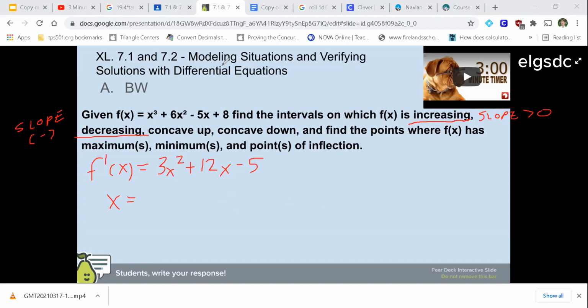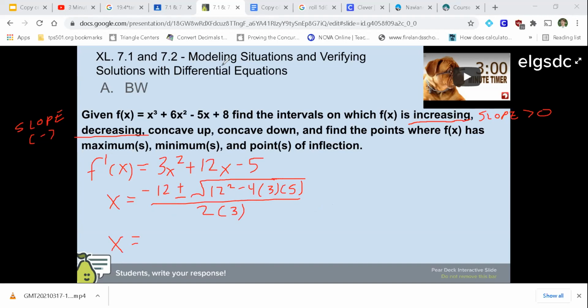x is equal to negative b plus or minus the square root of b squared minus 4ac, all over 2a. All right, calculator.